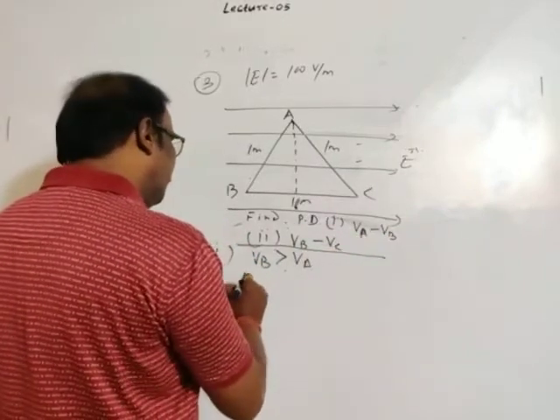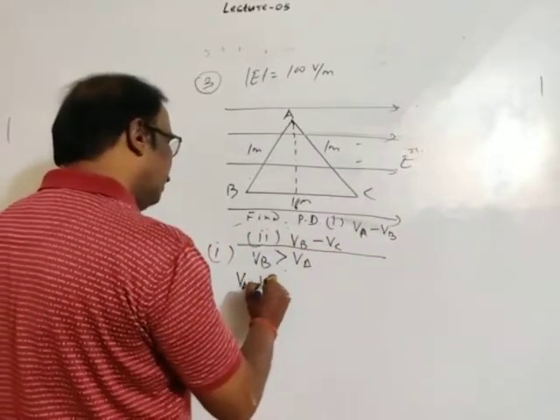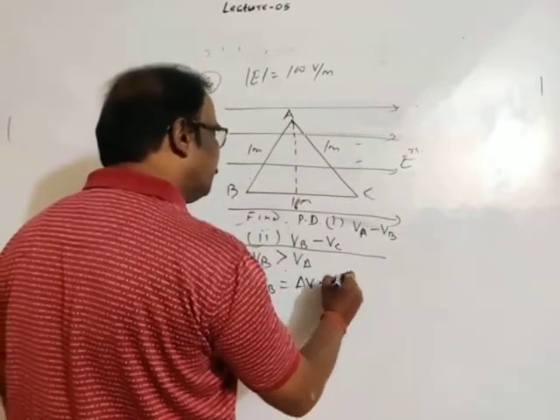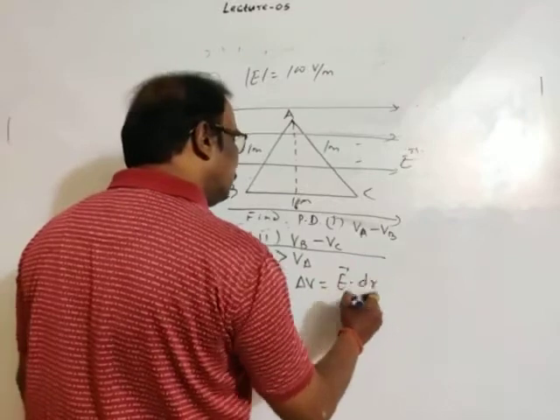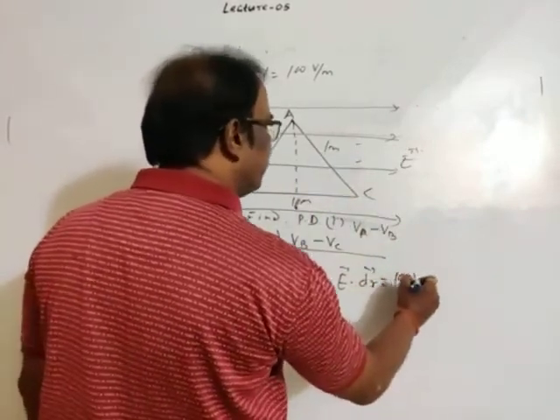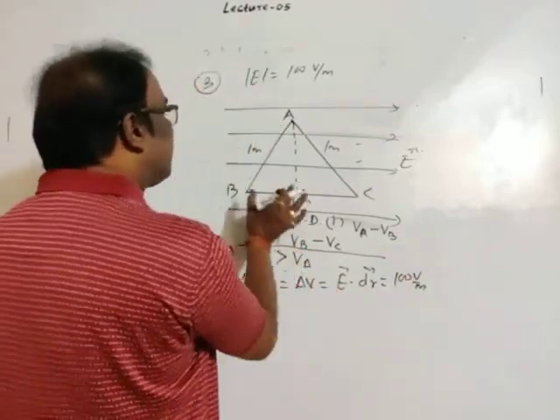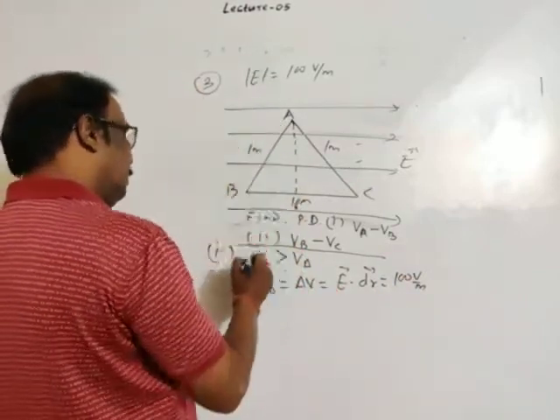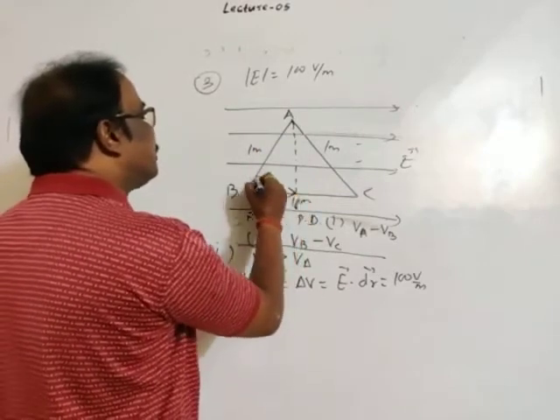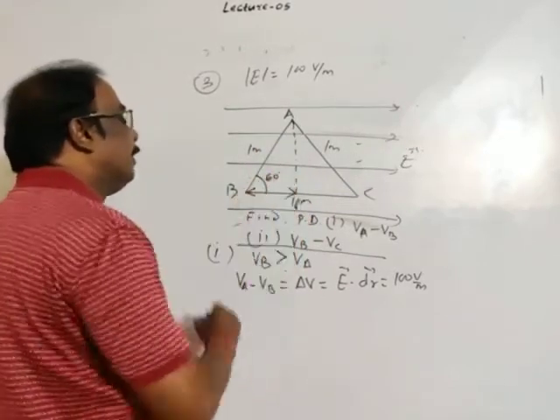VA minus VB means delta V is equal to E dot dr. The electric field is 100 volt per meter. Then the distance between A and B is the resulting distance. Since this is an equilateral triangle, this is 60 degrees.